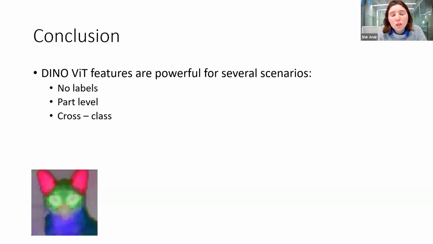Usually the data sets that do part level annotations are way more scarce, so this method is actually going to shine in this scenario where we lack labels. And also for scenarios where we want to operate on data sets that don't necessarily consist of images from a single class, but rather from several close classes that have similar parts, but are not necessarily exactly the same class.